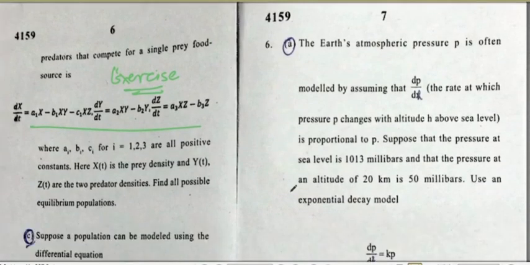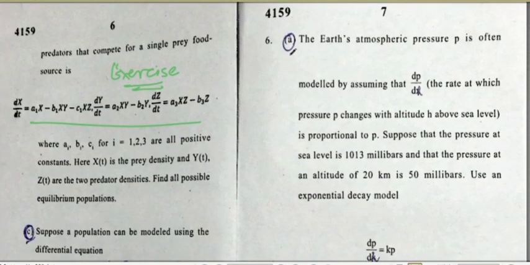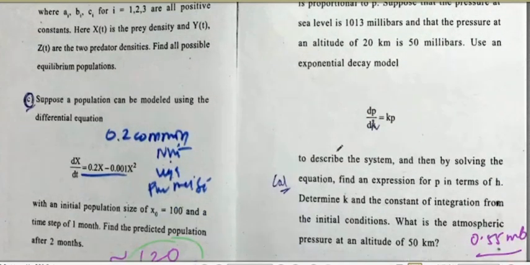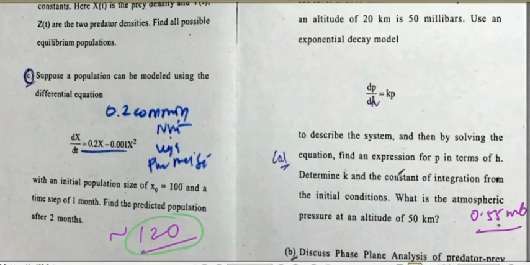So moving on to the last question of the paper, the sixth question, the first part, again one of the questions from the exercises of Barnes and Fulford. You can see that it's a direct question and one of the parts of the question is given. There were three parts attached to that question, but one part is asked here and the answer is approximately 0.55 millibars.